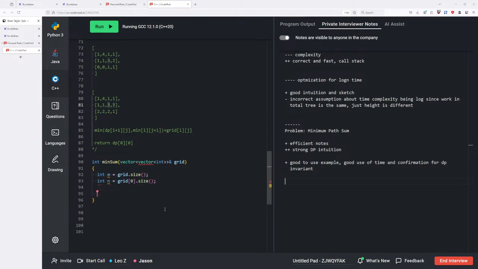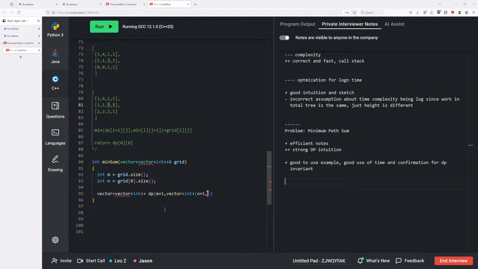and then we can initialize our DP array. This would be two-dimensional, so it would be m plus 1 by n plus 1, because we need a row and a column for the base case. And then same thing for the columns.